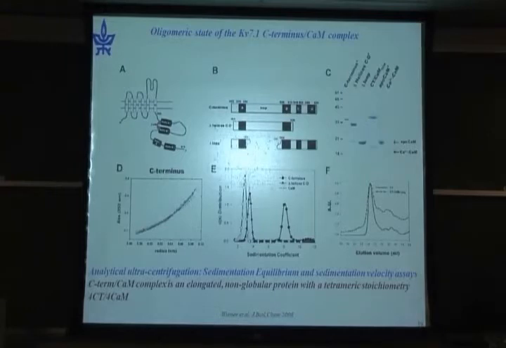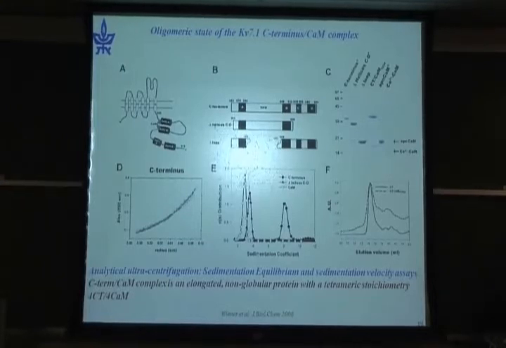We found that the C-terminus, and again all of these experiments were done in the presence of calmodulin, because without calmodulin you cannot express and work with this protein. You need calmodulin to get a soluble protein. We found that the whole C-terminus in complex with calmodulin is an elongated, non-globular protein with a tetrameric stoichiometry.